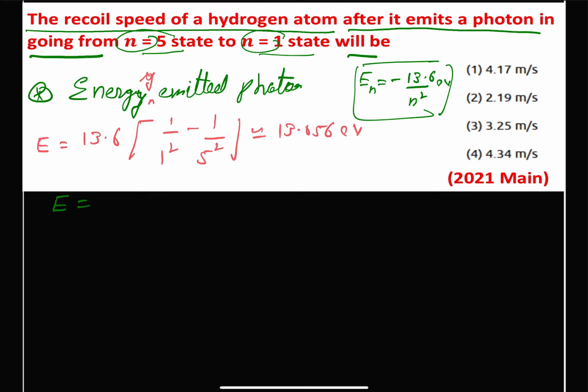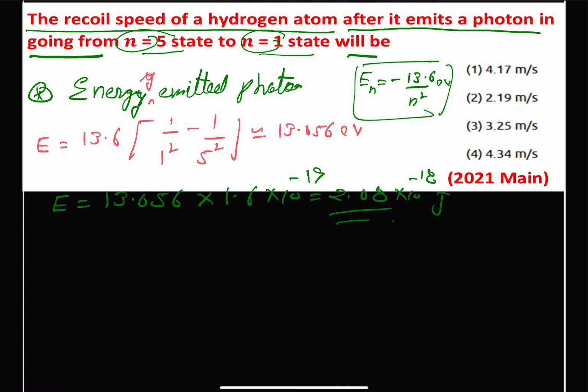Therefore our energy E is equal to 13.056 multiplied by 1.6 into 10 to the power minus 19, which gives us 2.08 into 10 to the power minus 18 joules.